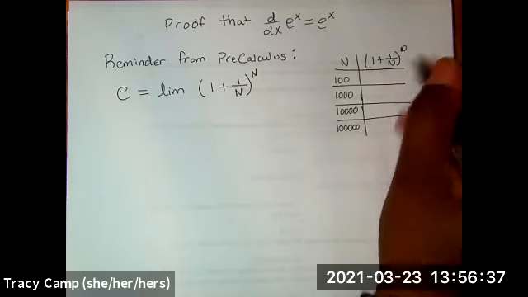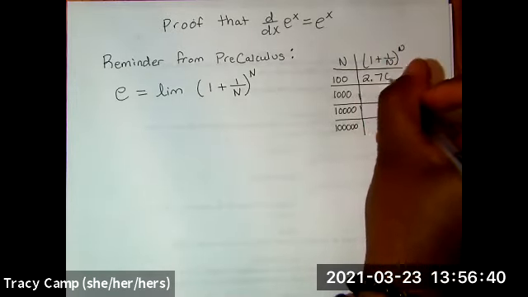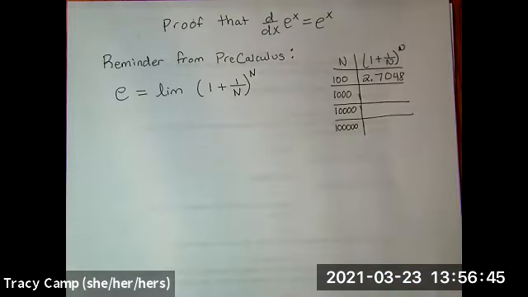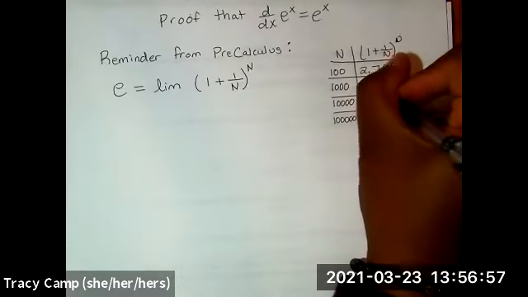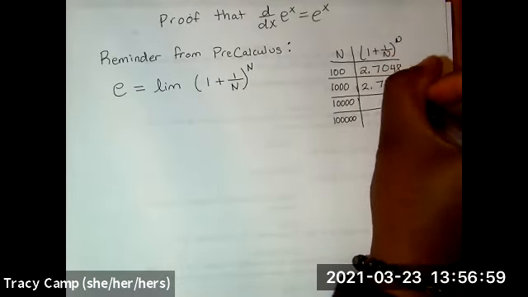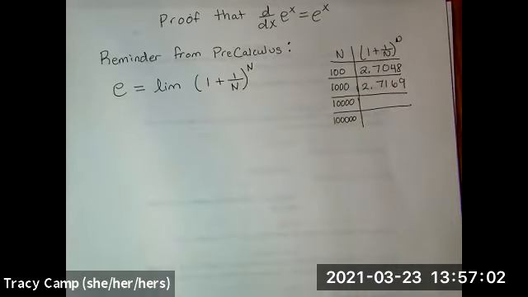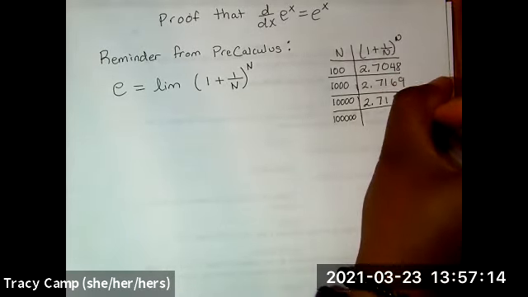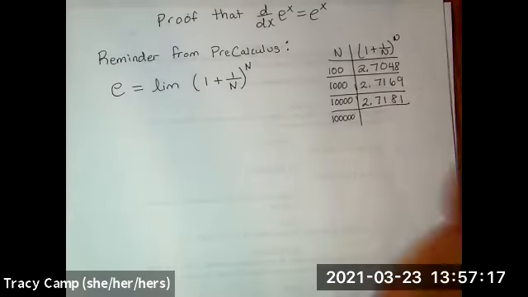When I plugged in 100 for n, I get about 2.7048. When I plug in 1000 for n, that's 1.001 raised to the power of 1000, and I get about 2.7169. When I plug in 10,000 for n, I get about 2.7181.